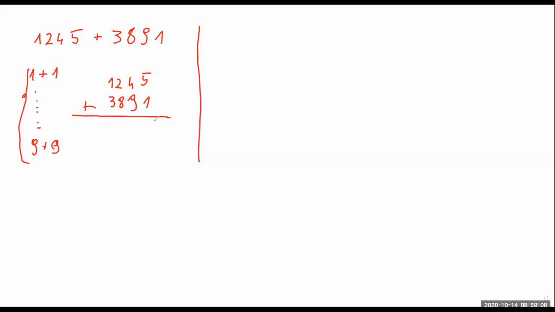It's enough to add proper digits. Here I have 6, here I have 3, and I move 1 here. Here I have 11, so I have 1 and I move 1 here, and I have 5. So it's quite easy to calculate.